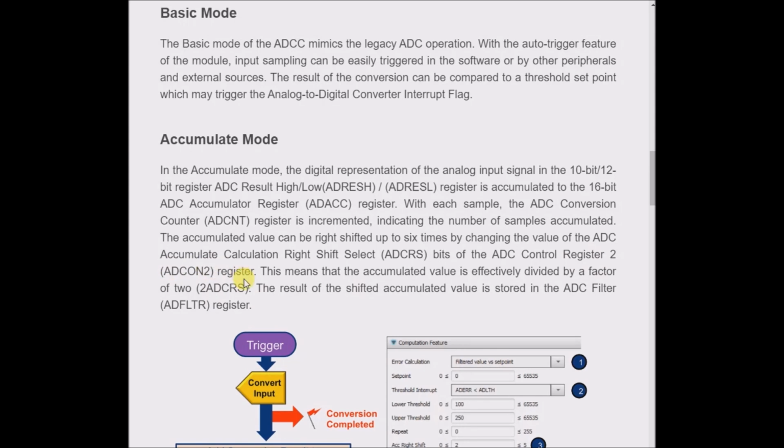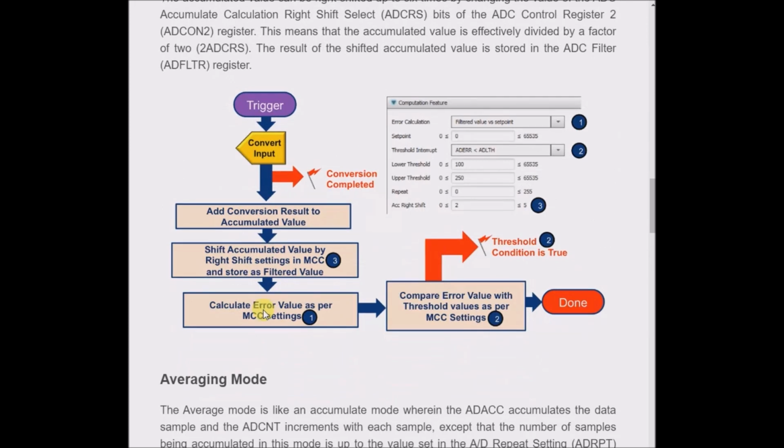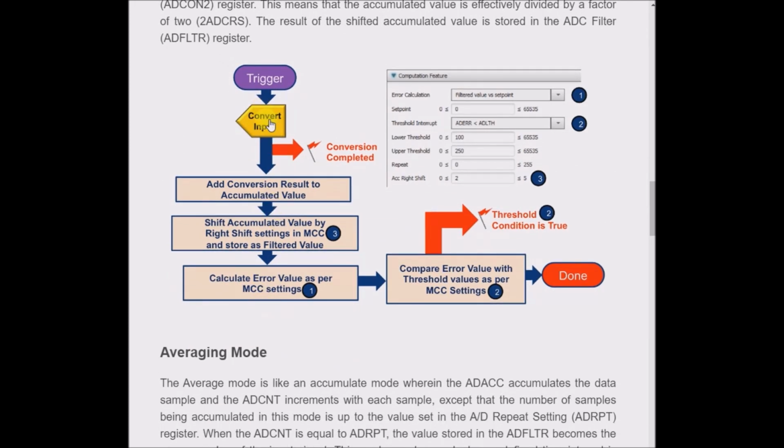This means that the accumulated value is effectively divided by a factor of 2^ADCRS. The result of the shifted accumulated value is stored in the ADC filter ADFLTR register.